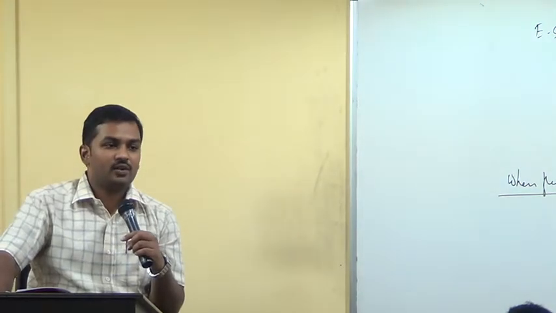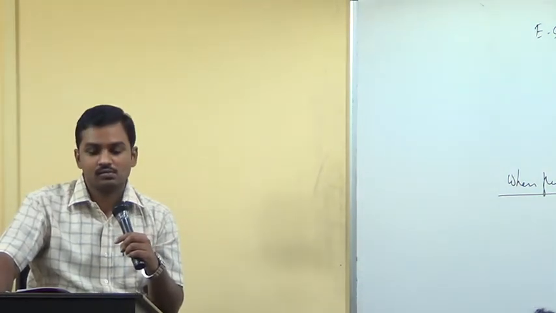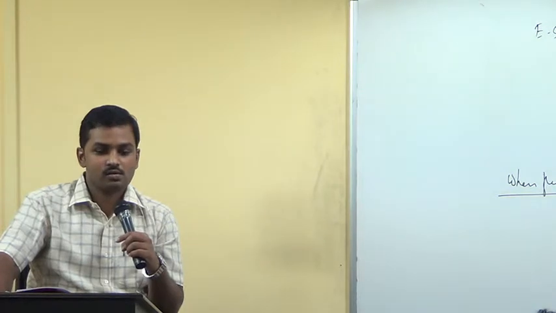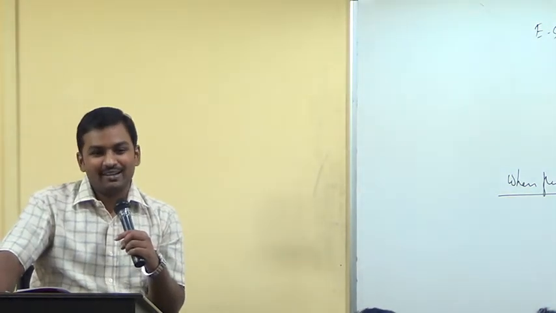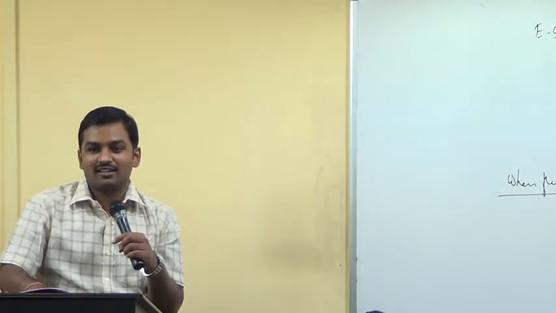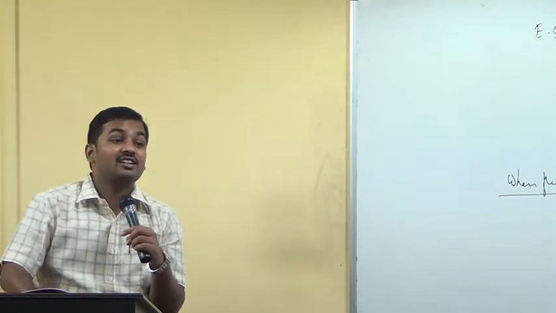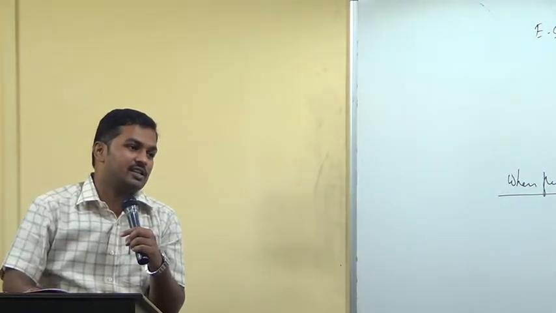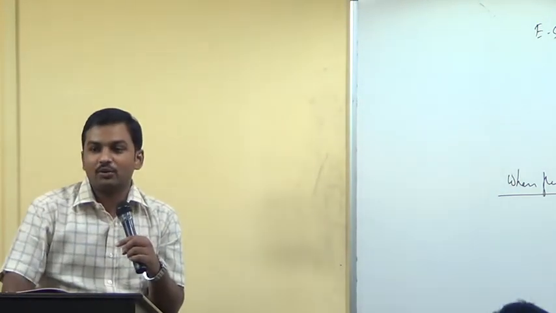Liability side total, tell me what is the total of the liability side? 15,30,000 is the total of the liability side. Now come to the asset side.